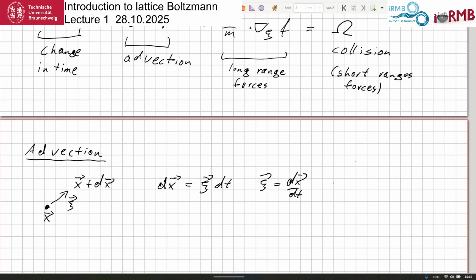Now this xi is the so-called microscopic, and the word microscopic is important here, particle velocity, which is different from the velocity that you have in the Navier-Stokes equation. What you have in the Navier-Stokes equation is the macroscopic velocity.